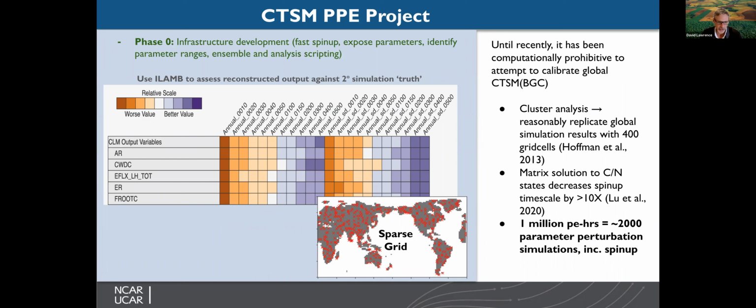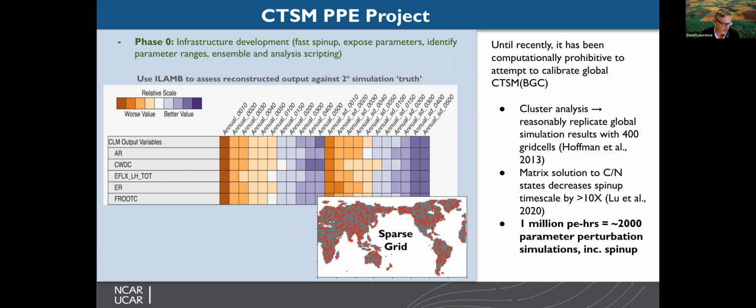One was a cluster analysis that Forrest had previously done in a paper in 2013, and we replicated that here, taking advantage of his knowledge there to look at information on mean and variability and even trends to identify the most important points around the world that you could use to replicate what's happening in global simulation. And we actually used ILAM, reconfigured ILAM, to tell us when we essentially had enough grid points to be able to have a reasonable reproduction of the whole world.